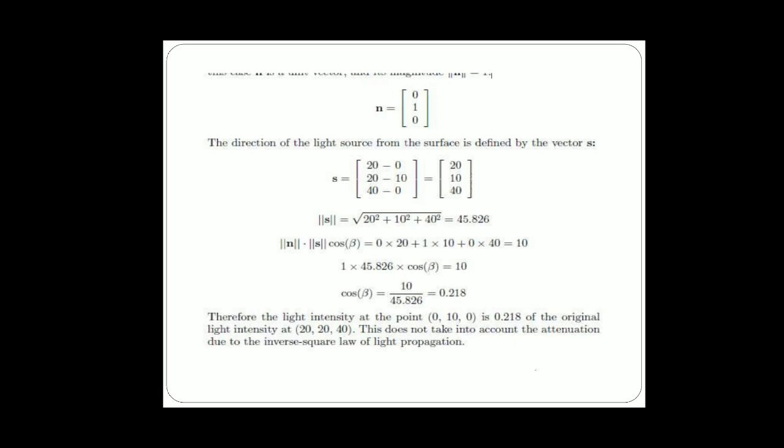Magnitude of n into magnitude of s cos beta, this is the actual formula which we performed, that is the dot product.